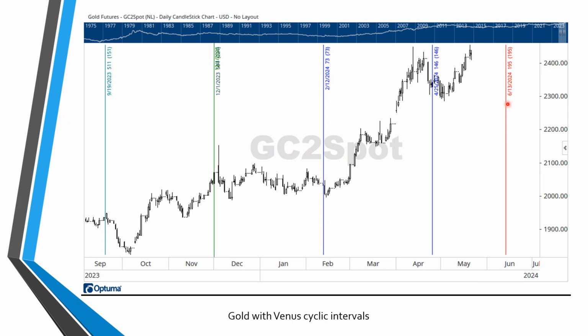Maybe it goes on from here and makes an even greater high and then has a turning point. Maybe from here we decline into the middle of June. I don't know. You have to watch the trend indicators on your charts. But then as these dates draw near, see what the trend indicators are telling you and make some decisions.